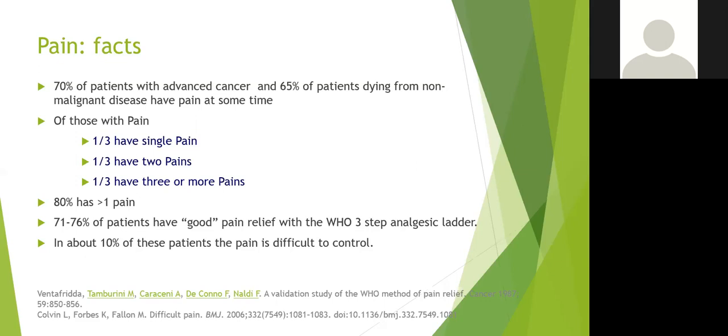So pain is very common, and it can be very severe also. About 80% of patients can have more than one pain. But the good news is that about 75% of patients will get good pain relief when we go with the WHO ladder. We start with step 1, go to step 2, and then reach step 3. The 20% of patients are a struggle for us, and this is for both cancer and non-cancer patients. In 10% of patients, the pain is very, very difficult to control, and that's what we're dealing with in this session.